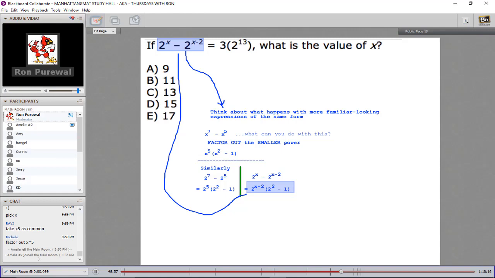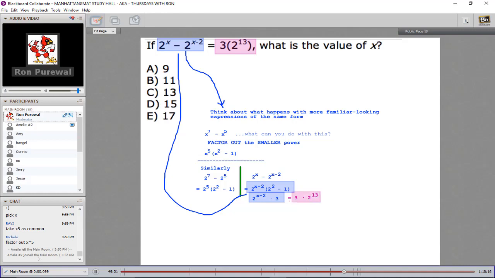And so that's 2 to the 2 minus 1 is 3. So this is 2 to the x minus 2 times 3. So 2 to the x minus 2 times 3 equals 3 times 2 to the 13th, because that's this.